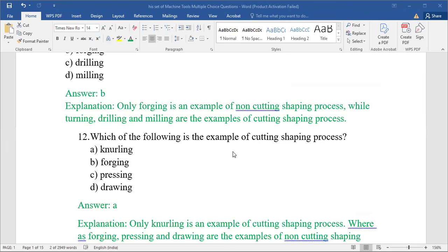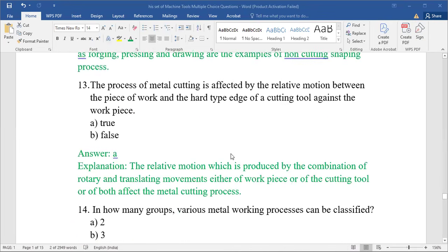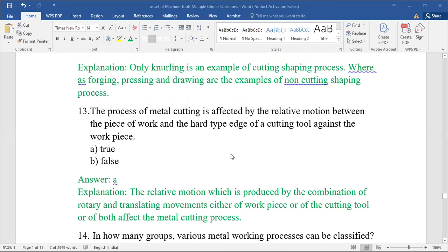Knurling, forging, crushing, drawing. Knurling. Okay, next I will go for the 13th one. The process of metal cutting is affected by the relative motion between the piece of work and the type of edge of a cutting tool against the workpiece, true or false? This is true.